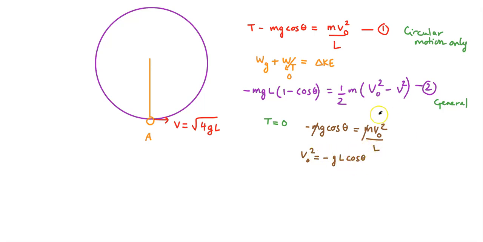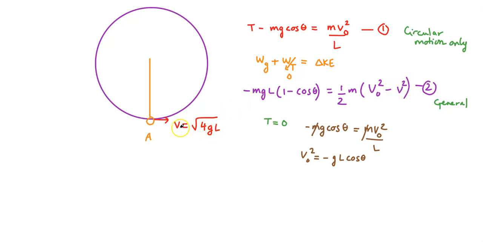And now let's use this in equation 2, right? So we're trying to find the point at which the tension becomes 0, because we know beyond that circular motion is no longer valid. Okay, so now let's substitute this in equation 2. We also need to remember that V is square root of 4gl, so that can be substituted here.